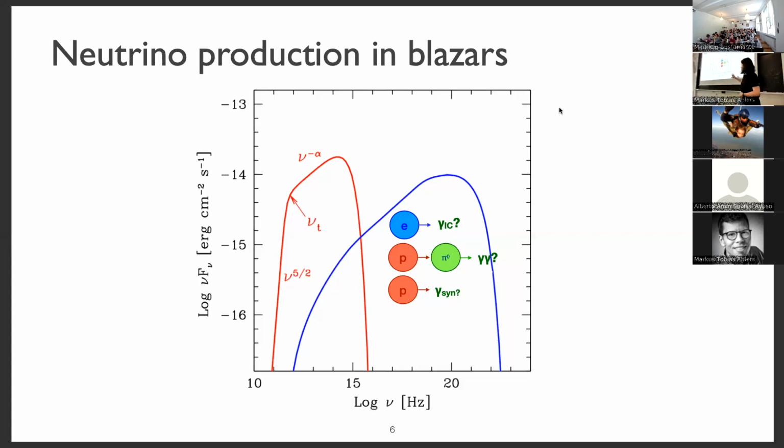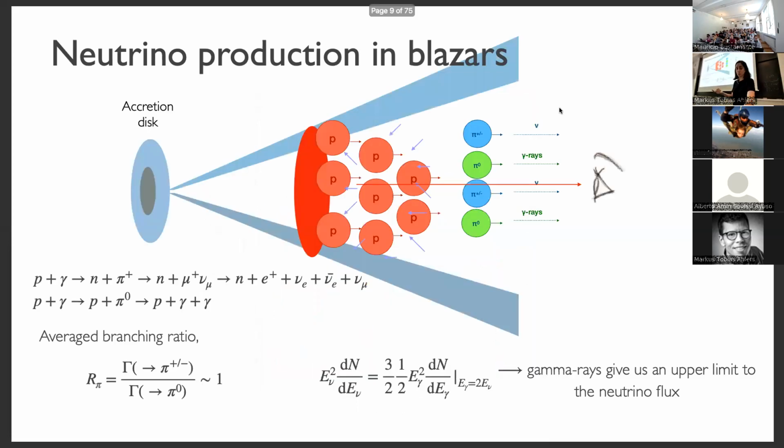So there are several possibilities for the origin of this gamma ray emission, and in this case in particular, but also in the proton synchrotron case, we will get neutrinos in addition from this blazar. It's reasonable that some high energy protons are there in this jet. The question is really how many and what energies they reach. This is what matters for neutrino production.